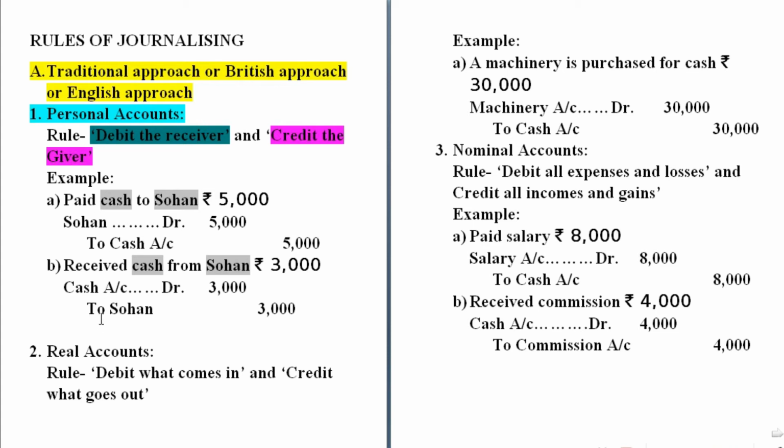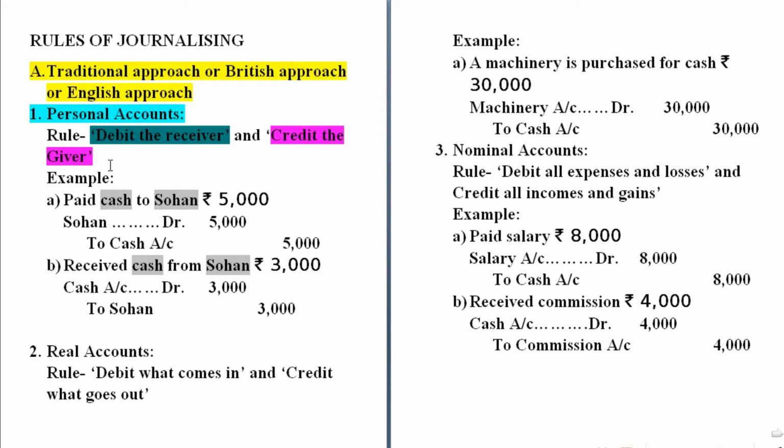So we write here: to Sohan 3,000. Alternatively, cash will be debited. Again, when we come to the real account, we will understand why we are debiting cash, because cash comes in. What comes in we have to debit.